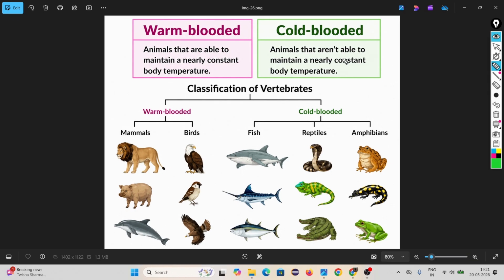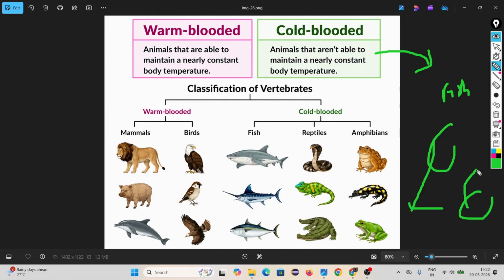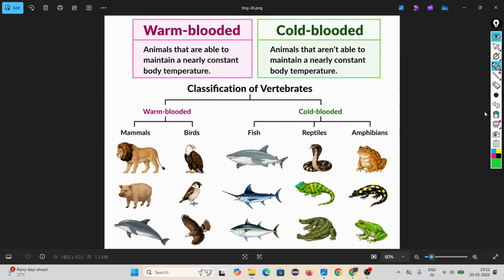Cold blooded means animals that are not able to maintain it. Suppose fish body temperature is not always constant. If they are in water, their body temperature is low. When they come out of water, it will be high. They don't have a constant body temperature.